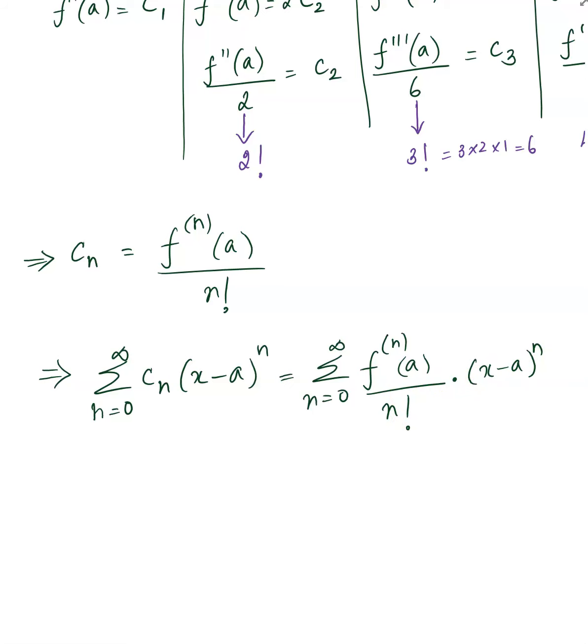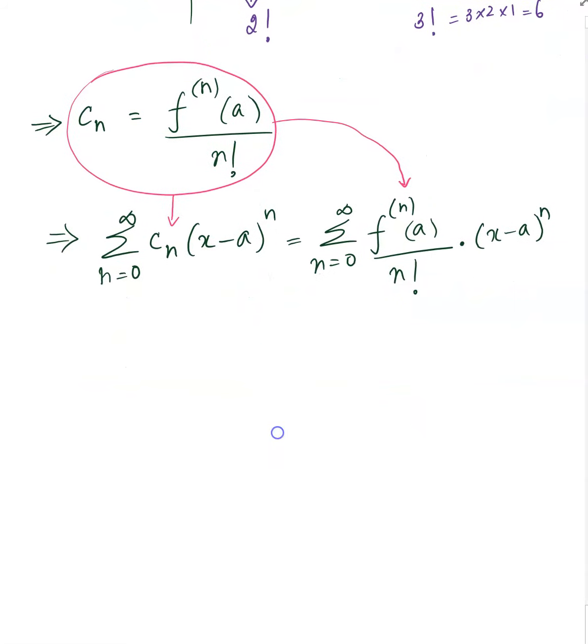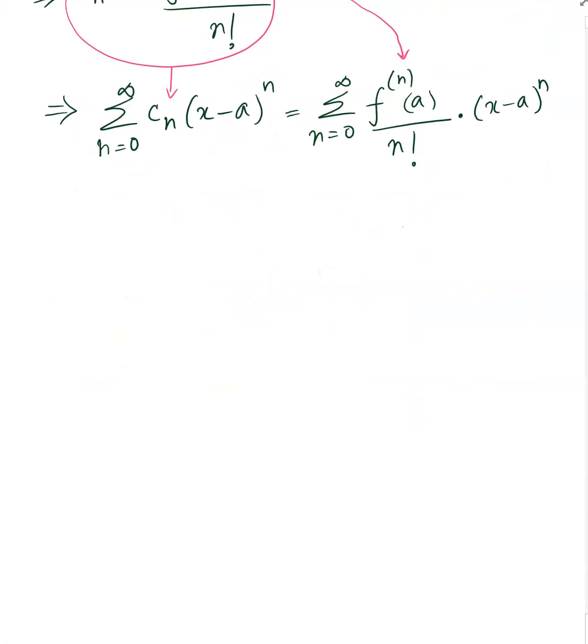So cn is replaced here. And that is how we have proved the Taylor series. So we call this the Taylor series. And we have the uniqueness of Taylor series.